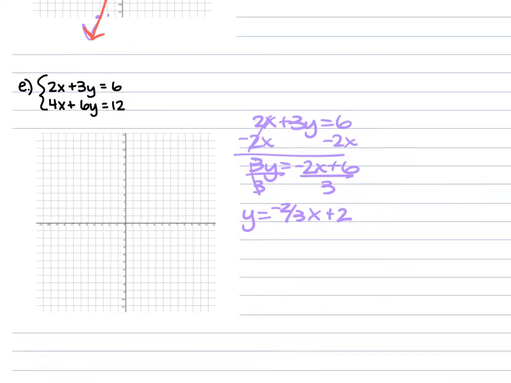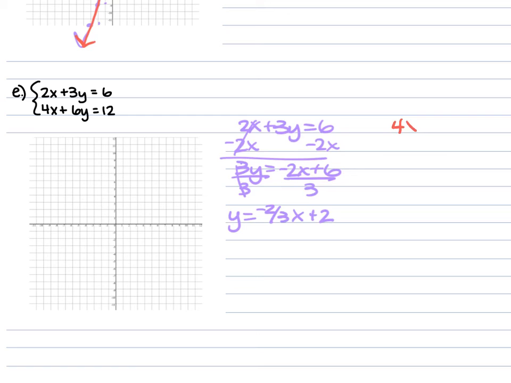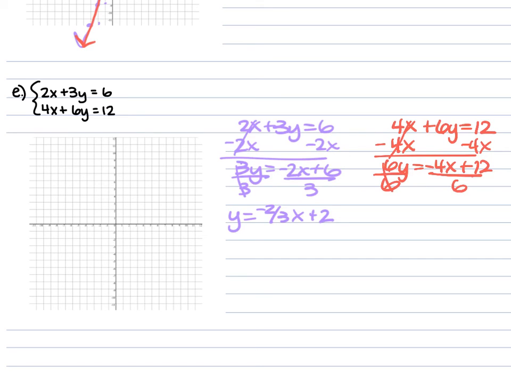Now, I want to solve my other equation first just to see what it's going to give us for the equation. So with this one, I would subtract the 4x from each side. I get 6y is equal to negative 4x plus 12. And then I'm going to divide by 6 on each side. So I have y is equal to negative 2 over 3x plus 2. So my equations are the same.